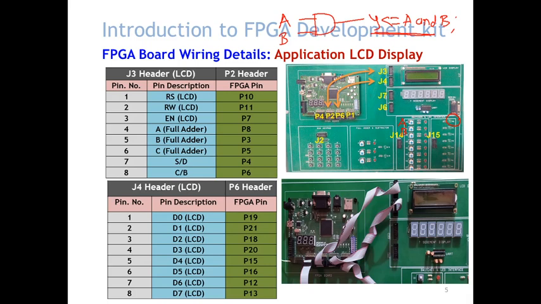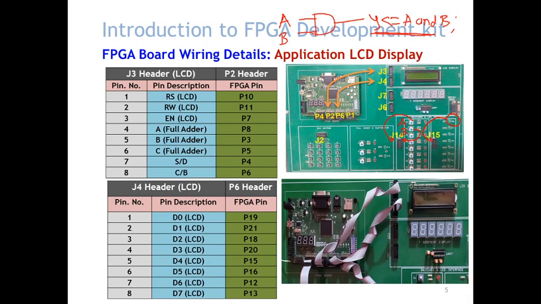On the board, while designing this daughter card, we have connected switch 1 to the header J14 pin number 1, and switch 2 to J14 pin number 2. It is routed through the PCB track. So pin number 1 is connected to switch 1, pin number 2 to switch B, the second input, and the first LED is connected to J15 pin number 1.